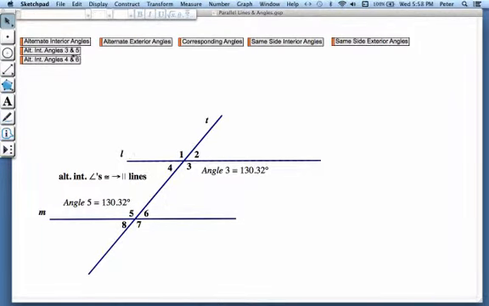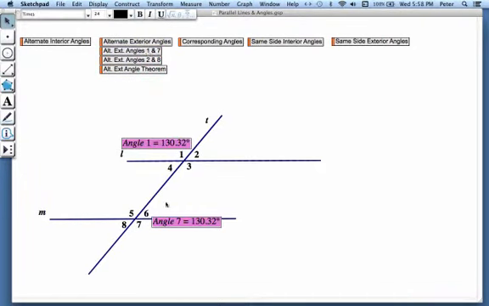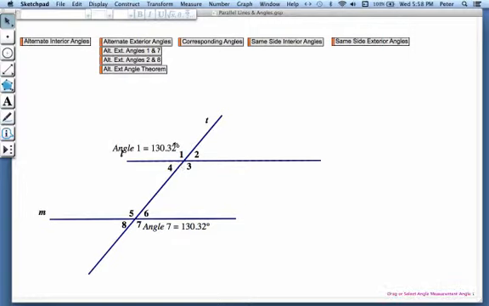Well, let's see, what other types of angles is that true for? Let's take a look at alternate exterior angles, like angle 1 and angle 7. Here they're also congruent. And so I can prove that alternate exterior angles, if they're congruent, the lines are parallel.